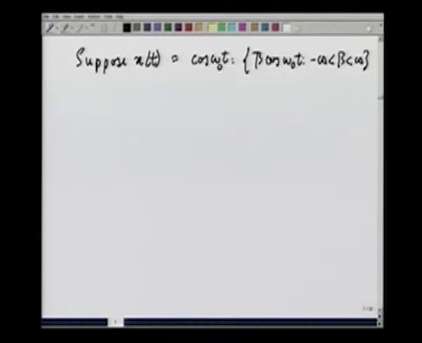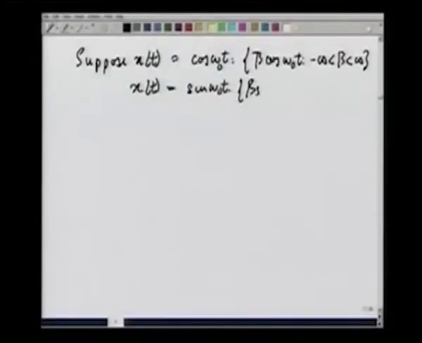But now suppose I took x(t) equals sin omega naught t. It is not found anywhere in this class. It is an entirely different signal, and hence it will give rise to its own class, beta sin omega naught t.